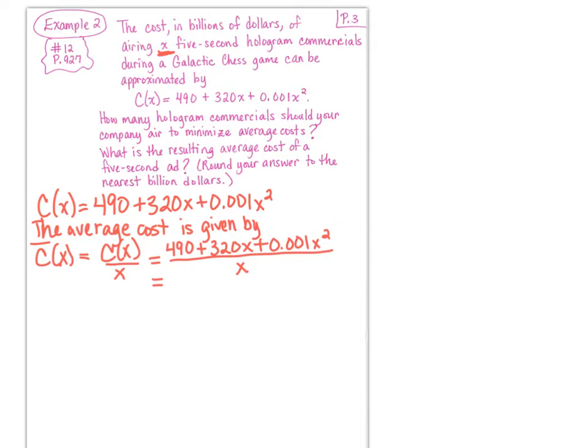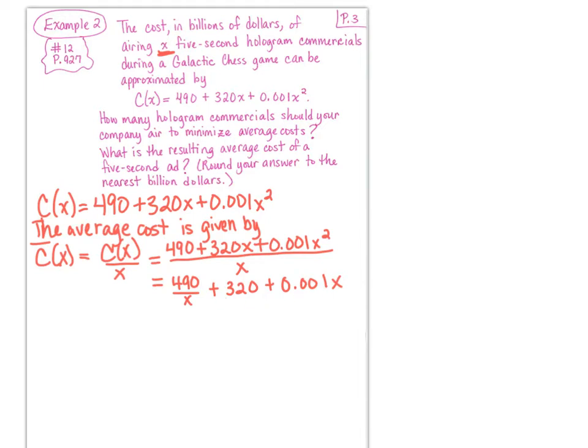So writing that down, we get 490 over x plus 320, because 320x over x allows our x's to cancel, and then plus 0.001x, because x squared over x is equal to x. So that's how we simplify there.